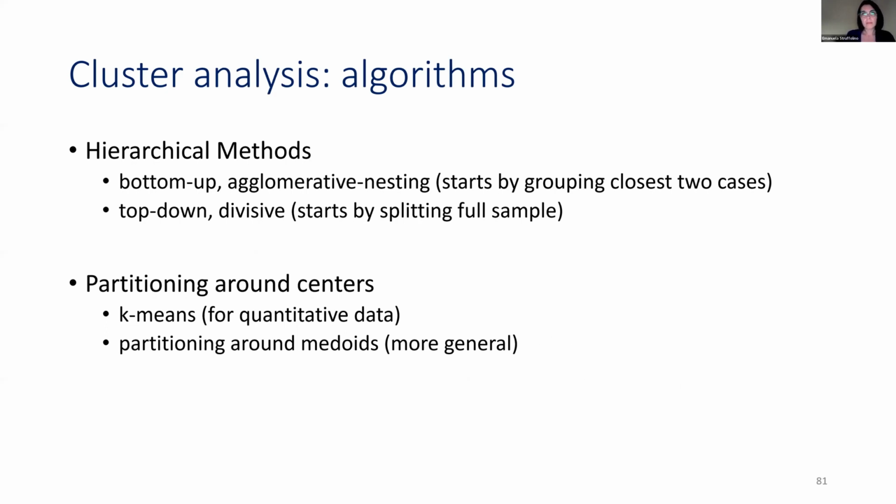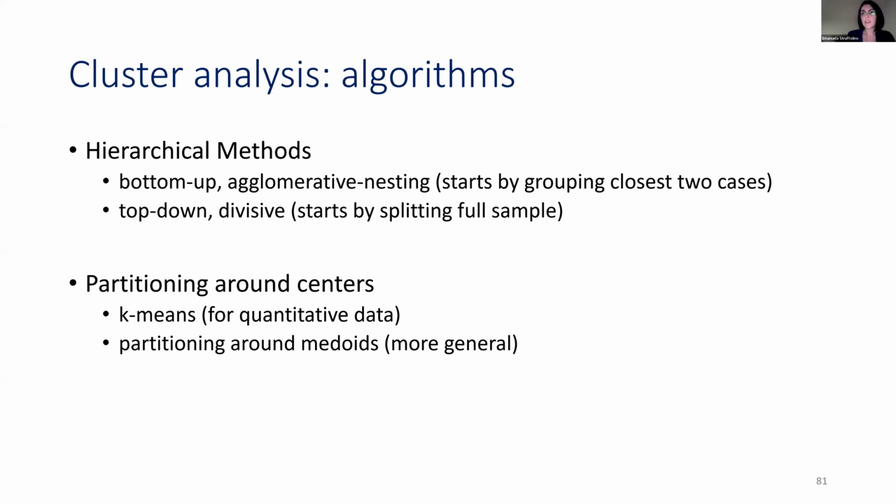In the field of cluster or sequence analysis, there are two major families of clustering algorithms that are used: hierarchical methods and partitioning around centers. Hierarchical methods are typically either bottom up or top down, and partitioning around centers are the so-called k-means or partitioning around medoids.